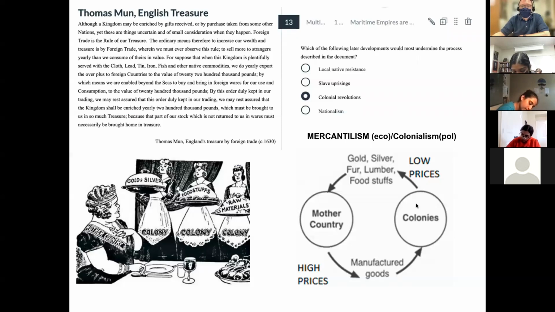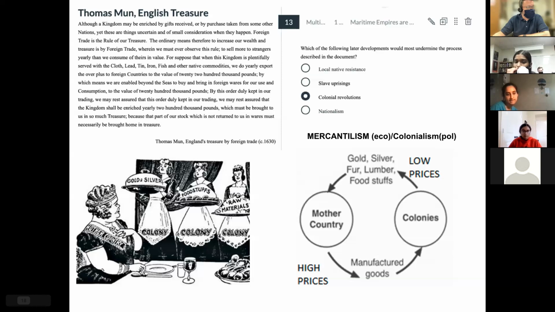The colony provides cheap raw materials. The mother country takes those cheap raw materials, sells higher price manufactured goods back to the colonies. So the flow of wealth is to the mother country. The cartoon on the left, the colonies are the servants.